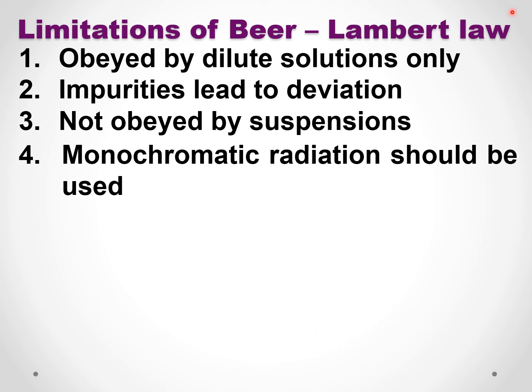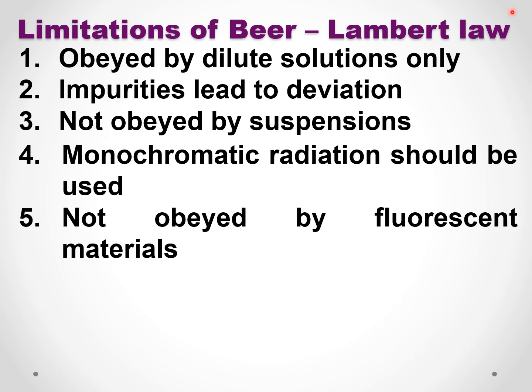Then only monochromatic radiation can be used. You cannot use white light, because white light is a mixture of different radiations, and when that passes through a solution, Beer-Lambert law is not obeyed. So you need monochromatic radiation only. Not obeyed by fluorescent materials.